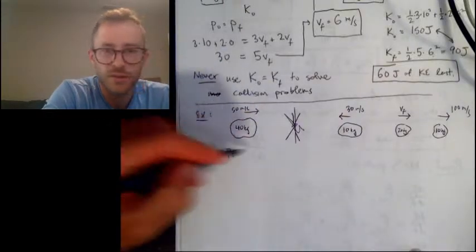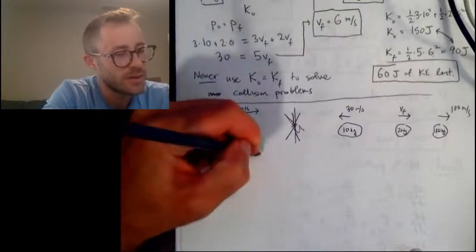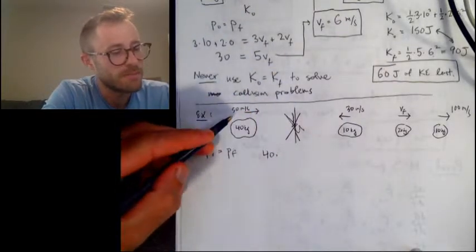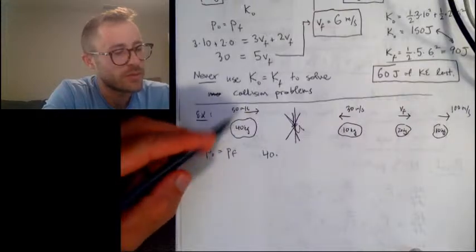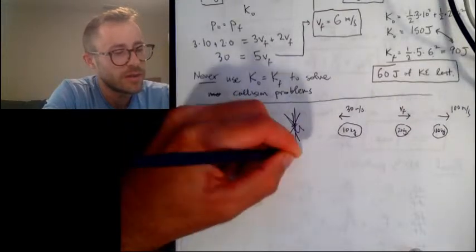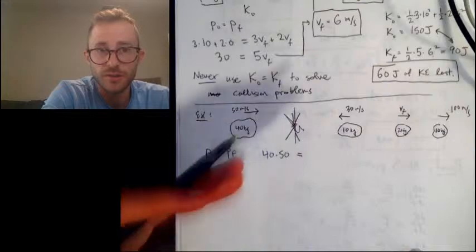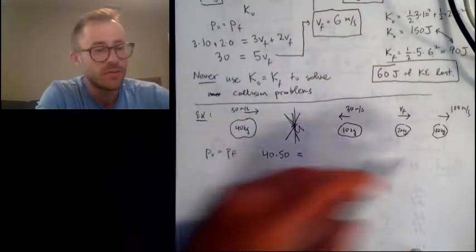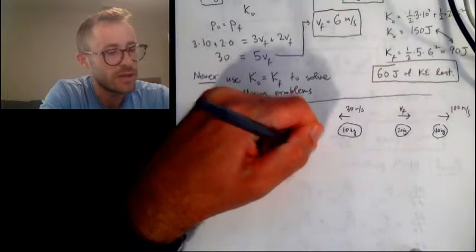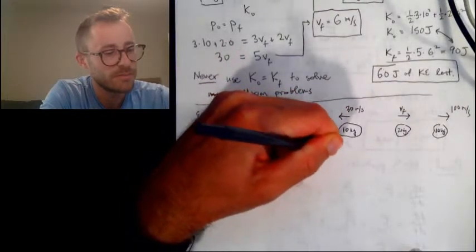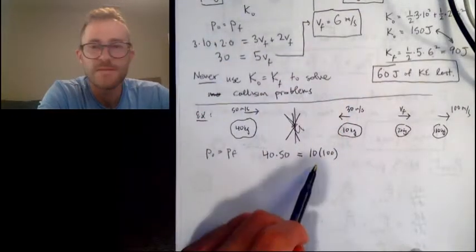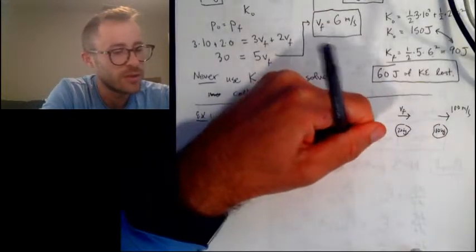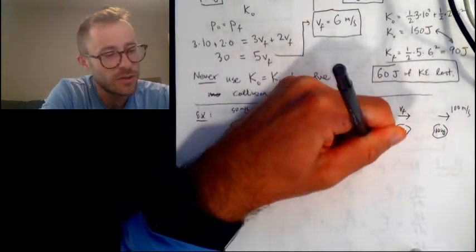The initial momentum is just the entire rock, so it's m, which is 40, times v, which is 50. The final momentum consists of 3 parts. The momentum of this one, which is 10 times 100. The momentum of the 20 kilogram one, which is 20 times an unknown velocity.